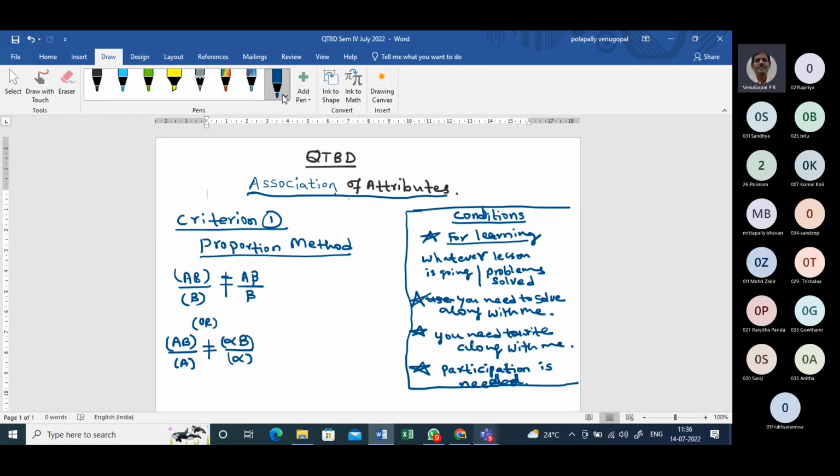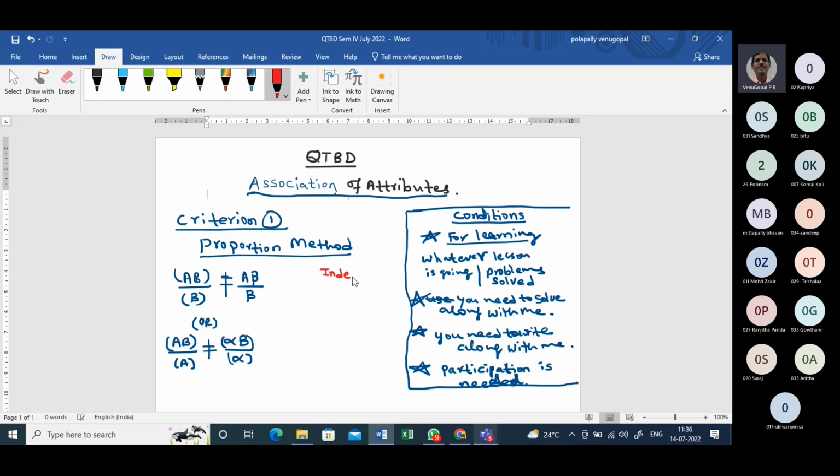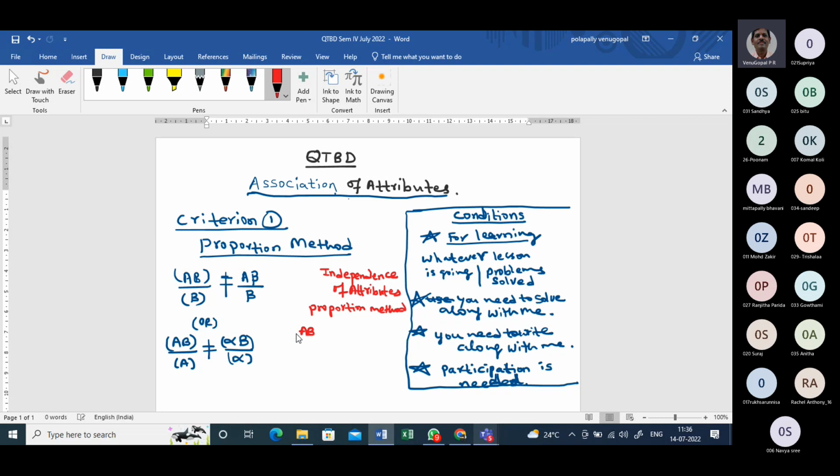But if I take up independence of attributes, and the same proportion method, what I can do is AB divided by B equals A beta by beta.